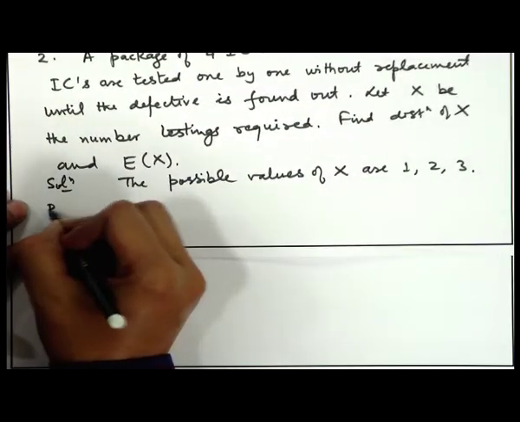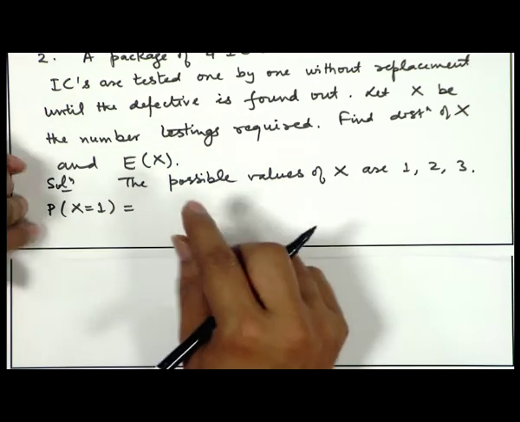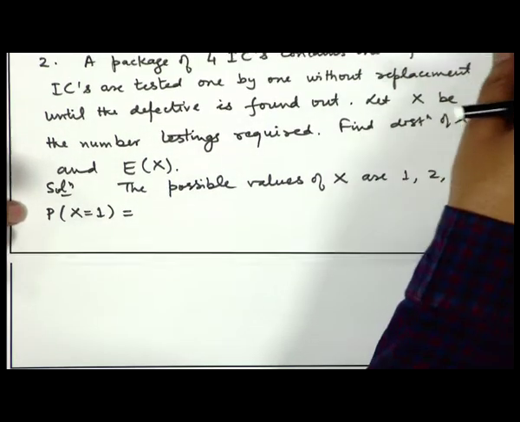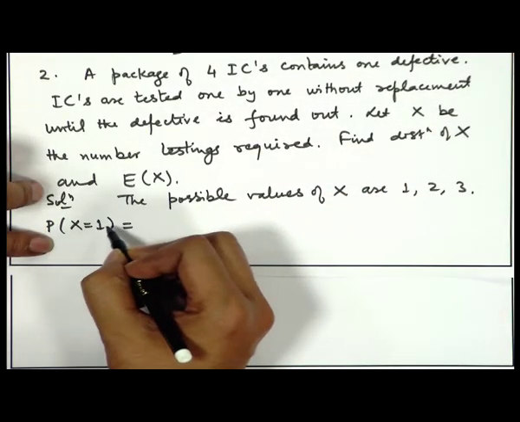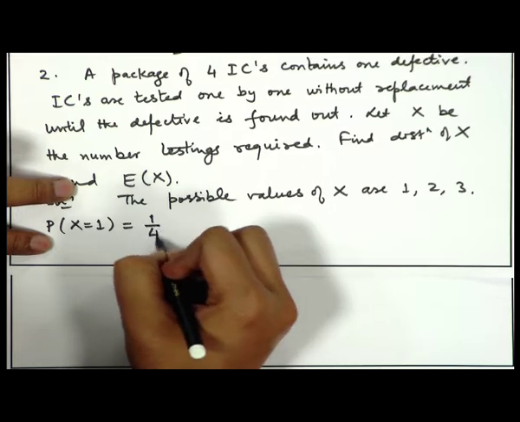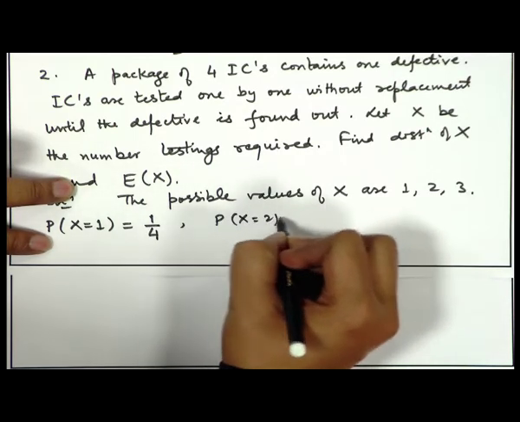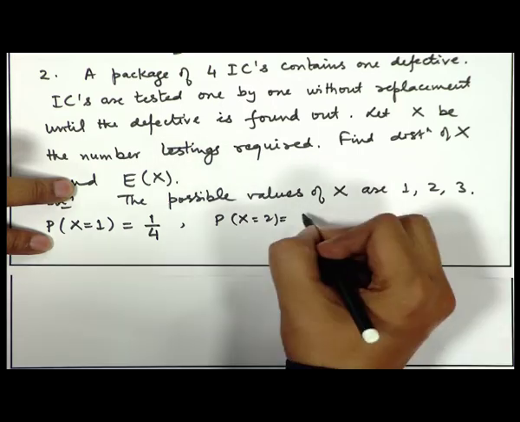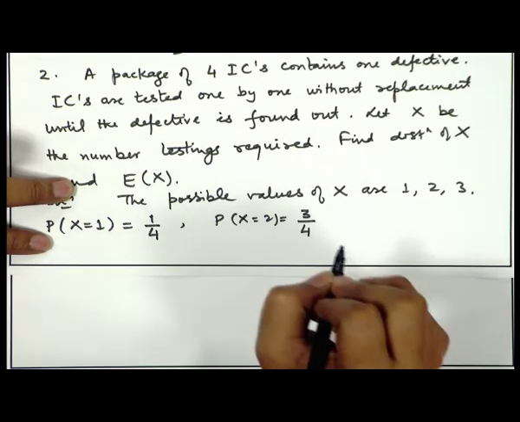Let us look at the probability distribution of this. So, what is the probability of x is equal to 1? Now, there are 4 ICs and one is defective, and if the first one we choose is defective, then the probability of that will be 1 by 4. How about the probability of x equal to 2? That means the first one is not defective, that means we choose from the good ones, that is 3 by 4.